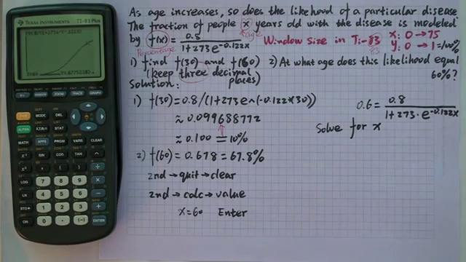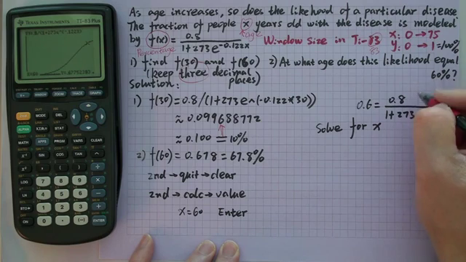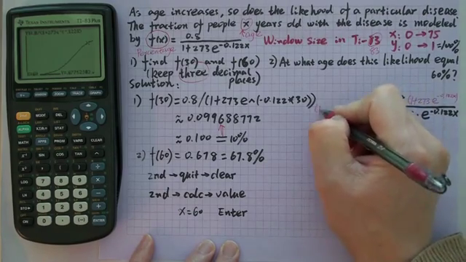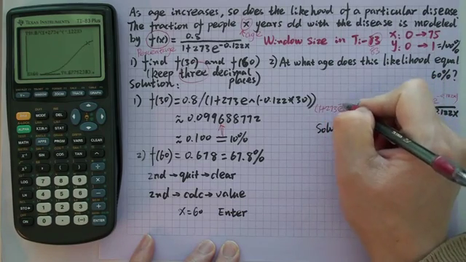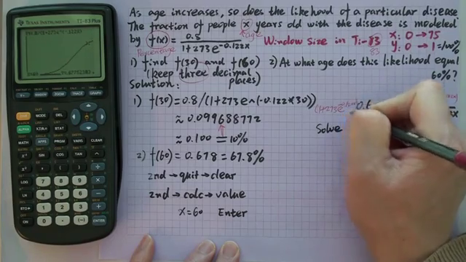Solve for x. Basically, both sides are multiplied by 1 plus 273 e to the negative 0.122x.